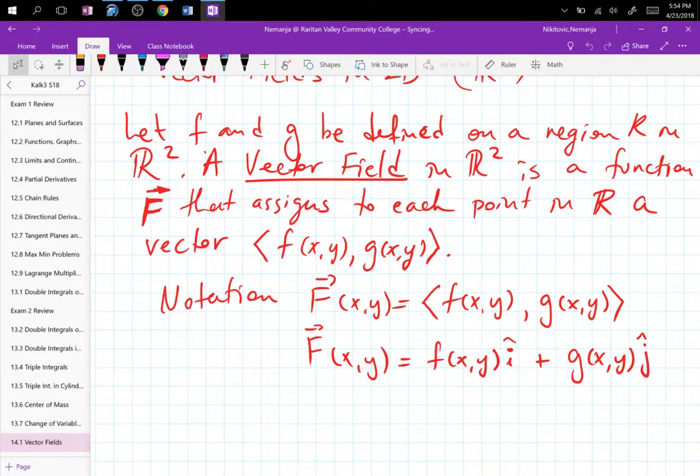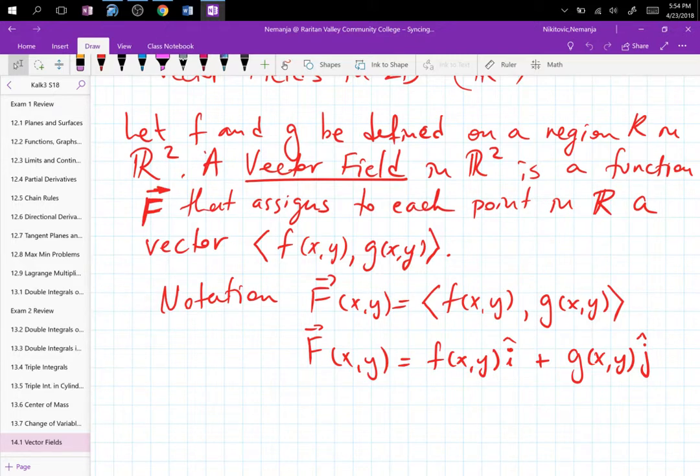So you are not assigning a point to a point like you do in the basic function. Now you are assigning a vector to a point. And each one of the vectors is figured out using these two functions. Now, hopefully you are also connecting and saying in your head, hello, parametrization, right? Because that's at the end what's happening here.